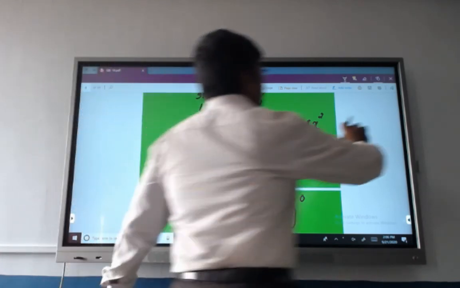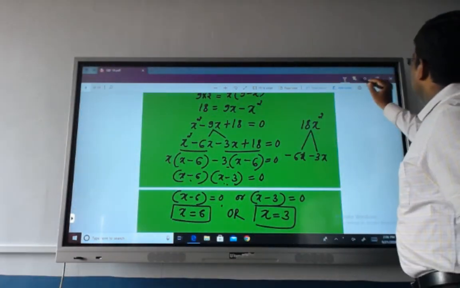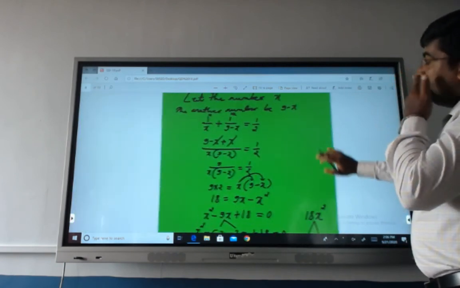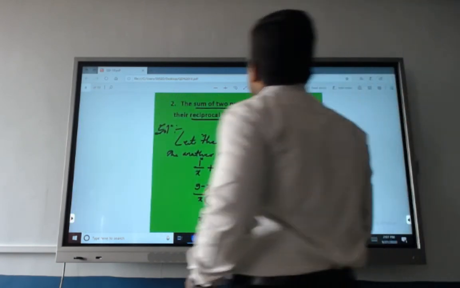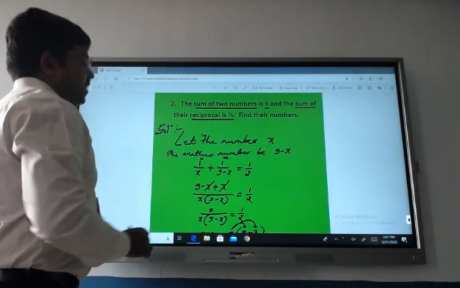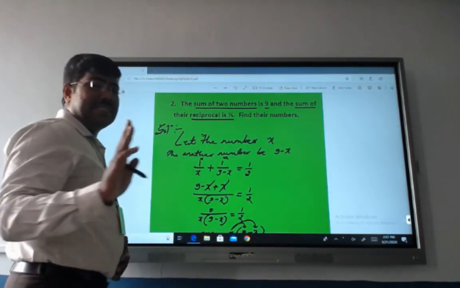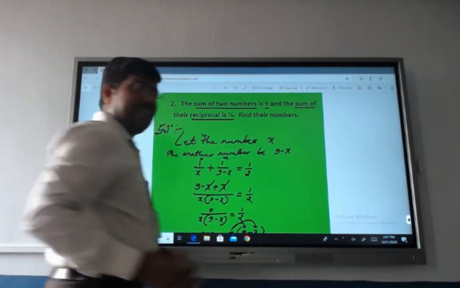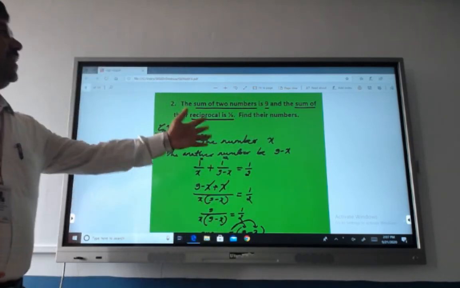So how are we going to use this? See what the question asked: the sum of two numbers is 9. What numbers did we get? 6 and 3. If you add 3 plus 6, we get 9. So find the numbers.